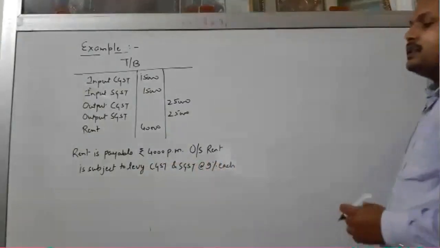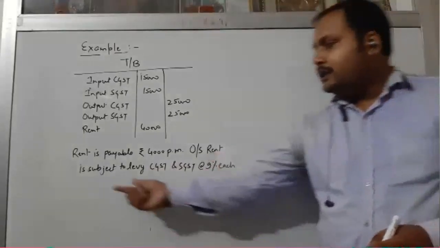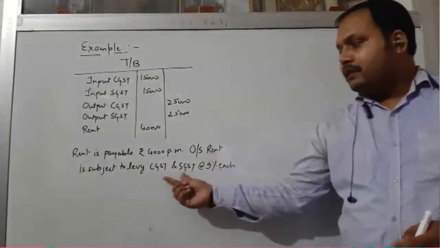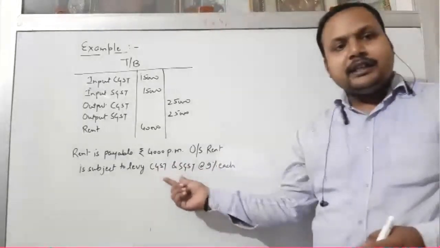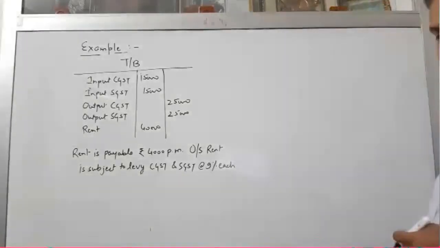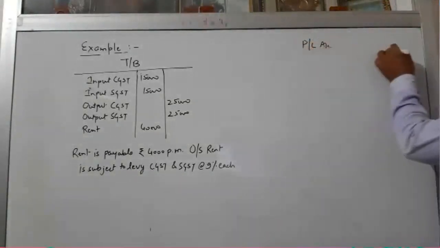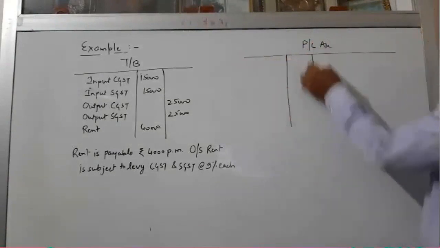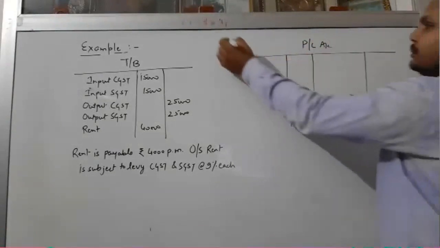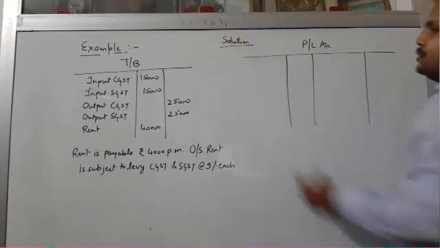यानी रेंट हमें देना है 4,000 पर मंथ के हिसाब से, और आउटस्टैंडिंग रेंट जो है वो सब्जेक्ट टू लेवी, यानी उस पर चार्ज होना चाहिए क्या? सीजीएसटी एंड एसजीएसटी कितने परसेंट से? 9% से चार्ज होना चाहिए. So while we are preparing the profit and loss account, when we prepare the financial statement of a sole proprietorship, इस एडजस्टमेंट का सॉल्यूशन कैसे होगा?